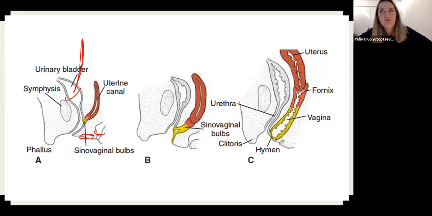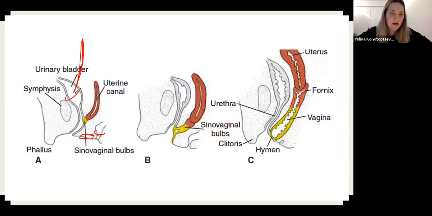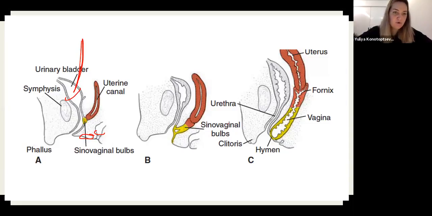Sinovaginal bulb, which kind of germ layer is it? Ectoderm? It is part of the urogenital sinus. So, intermediate and endoderm. Don't forget, hindgut was going backward, cloaca, then urogenital sinus. So all of this was actually endoderm.